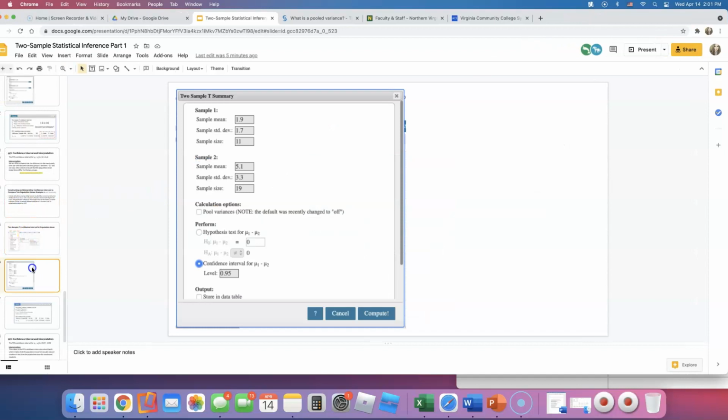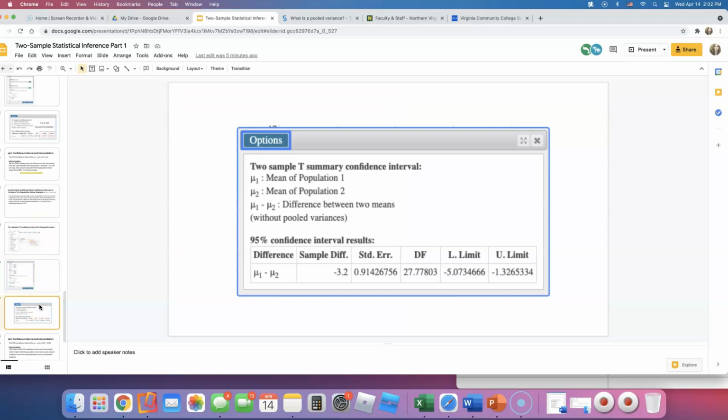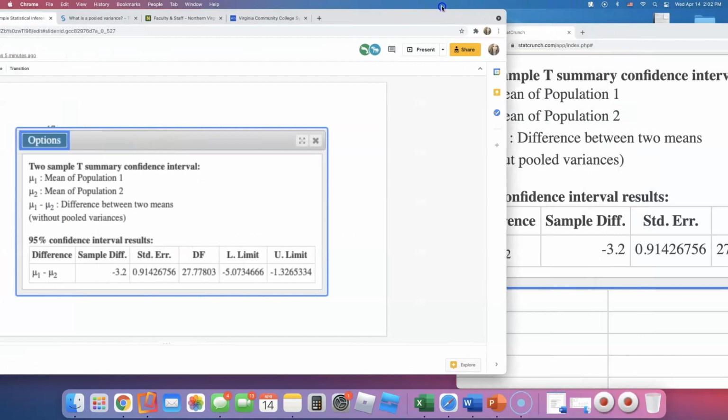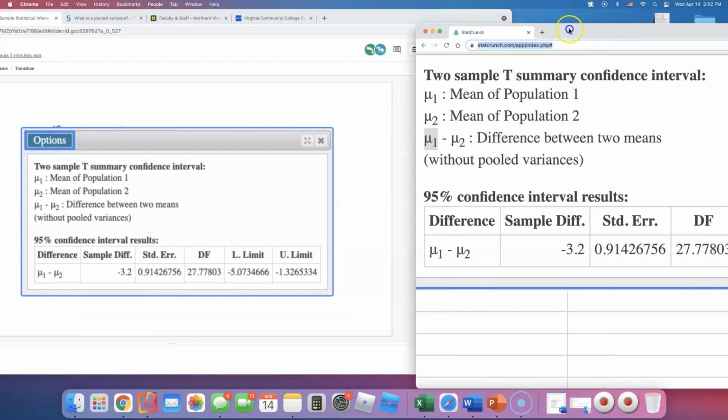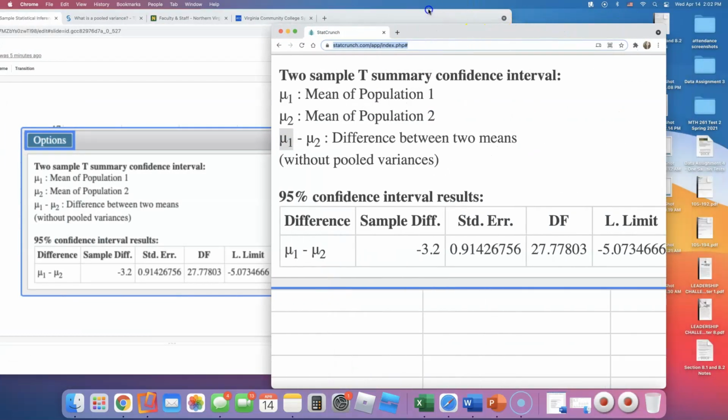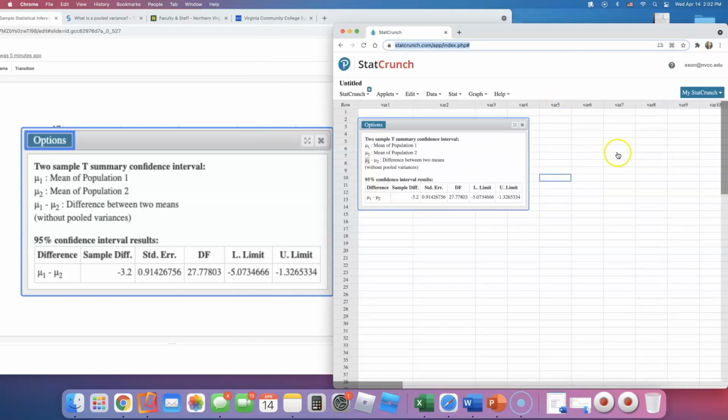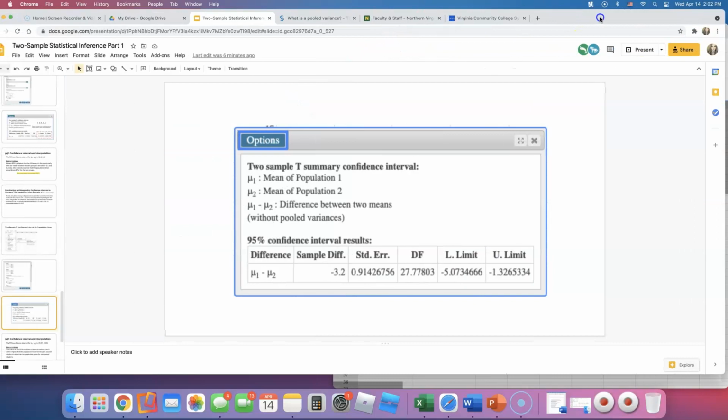But I took a screenshot of what we did, and here is the table. Why does it look different? Or was it different? Let me see. Oh, they're the same. Sorry. The lower limit is negative 5.07 and the upper limit is negative 1.326. It's the same thing, so this is okay.